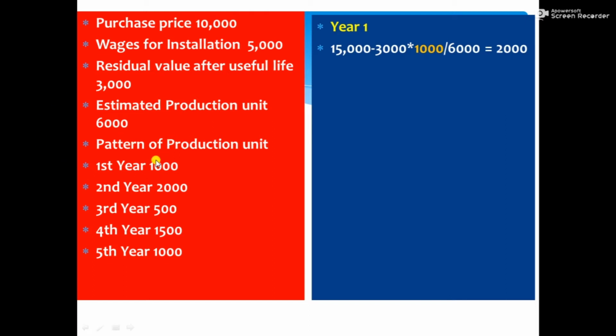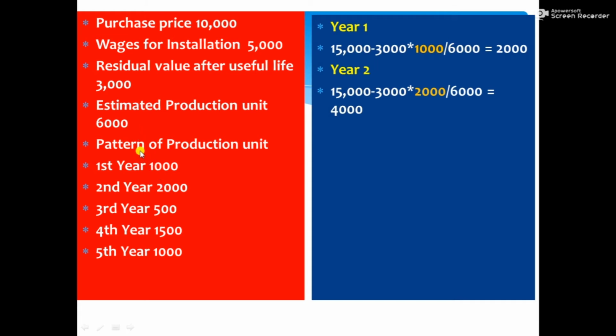Here the depreciation is computed based on the number of units you produced during the year. We will compute second year depreciation. The depreciable amount is 12,000. 12,000 into second year production was 2,000 units, and therefore the ratio is 2,000 divided by 6,000.